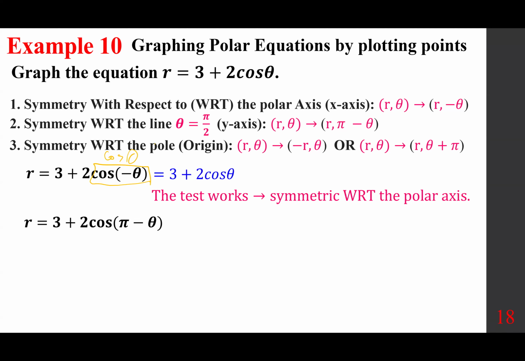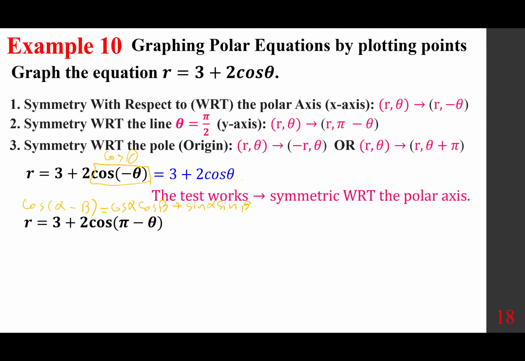Let's replace theta with pi minus theta, and use the identity cosine of alpha minus beta equals cosine alpha cosine beta plus sine alpha sine beta.